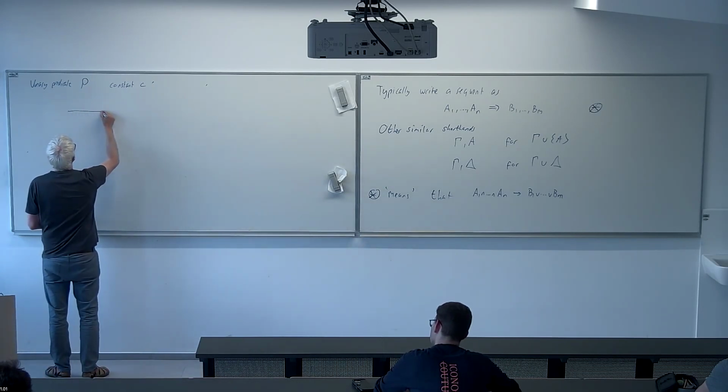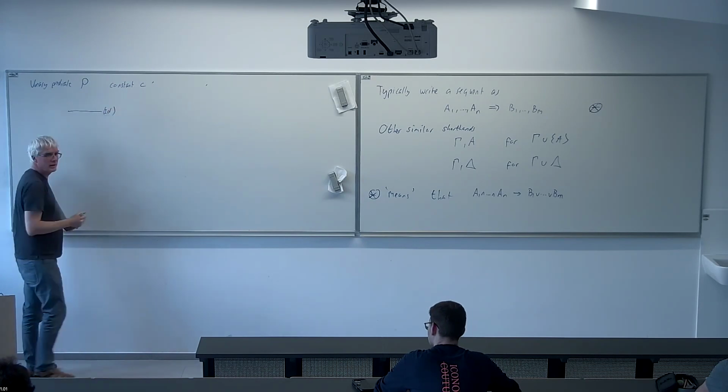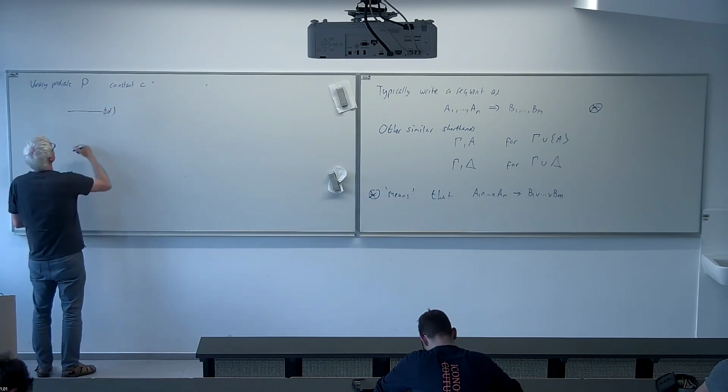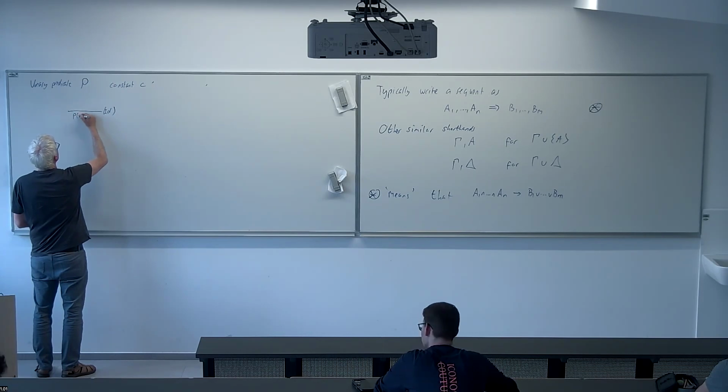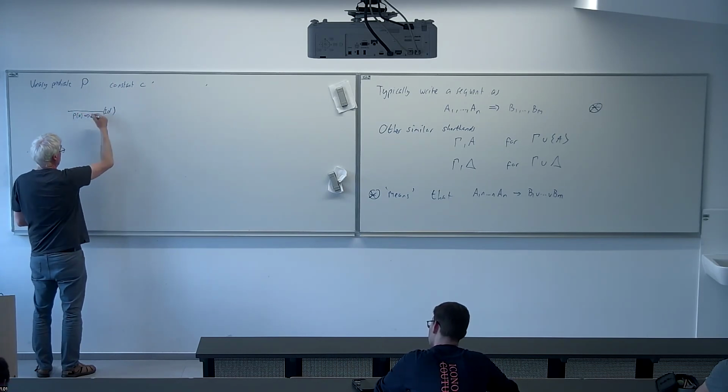So what I call the identity rule. And the identity rule says it's an axiom. That's a rule that has no premises. Oops, sorry, there should be a C in here.